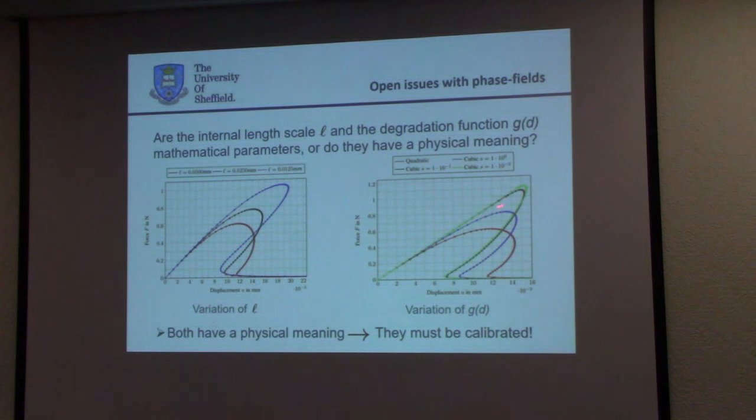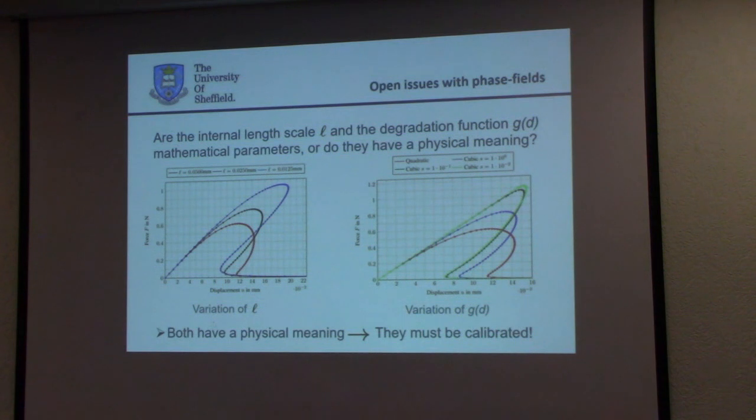But you can also use, for instance, cubic functions, which more closely reproduce a brittle failure. And you see that when you have a cubic function, you get something which is much more linear elastic, brittle, than this rather ductile response.